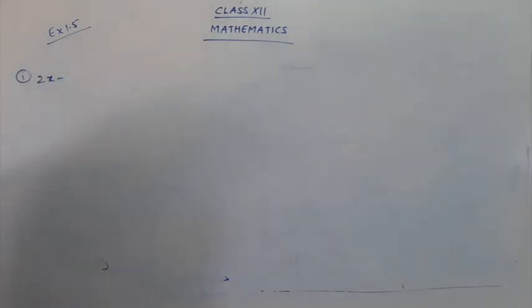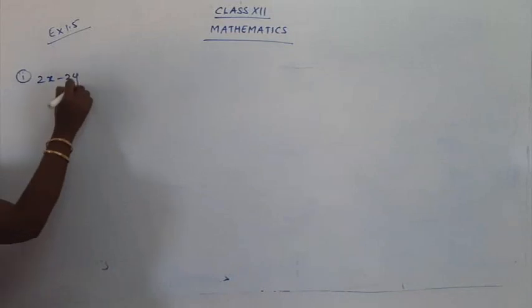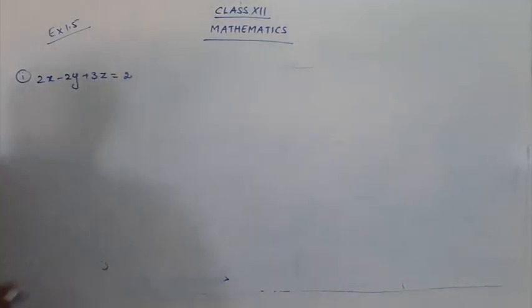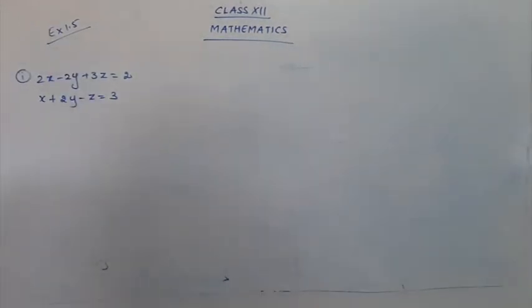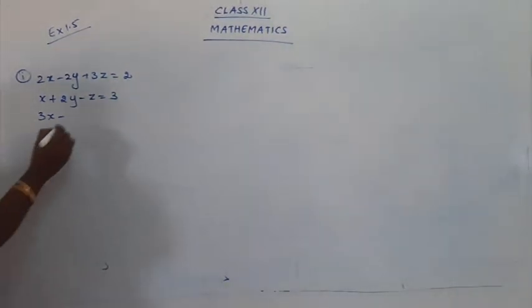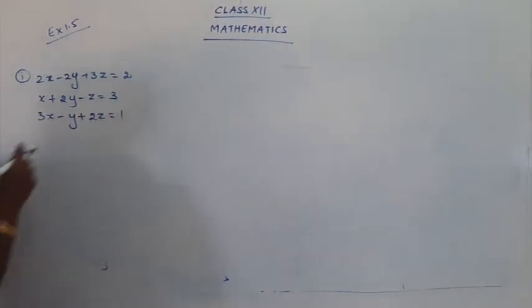2x minus 2y plus 3z is equal to 2. Just check your equations whether you're writing everything properly, because if you miss something, everything goes wrong. x plus 2y minus z is equal to 3. 3x minus y plus 2z is equal to 1.